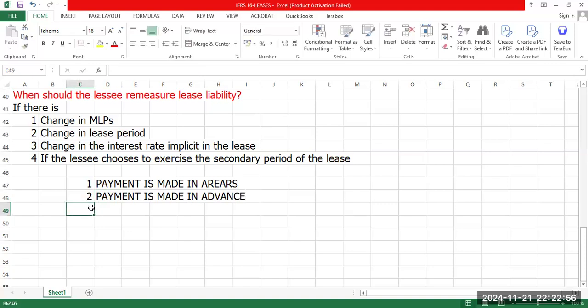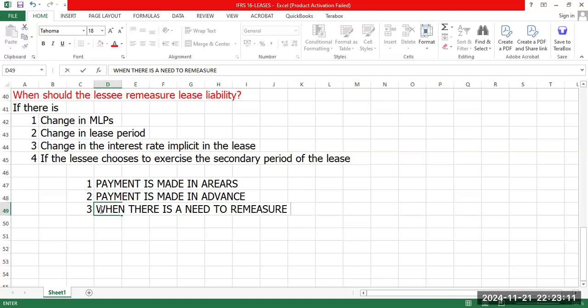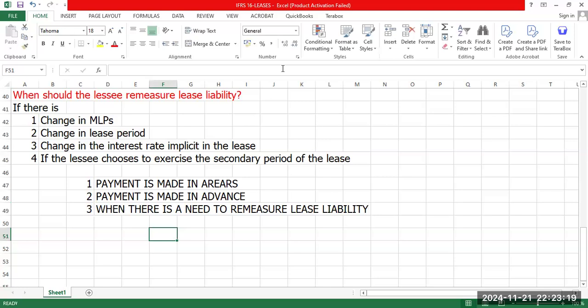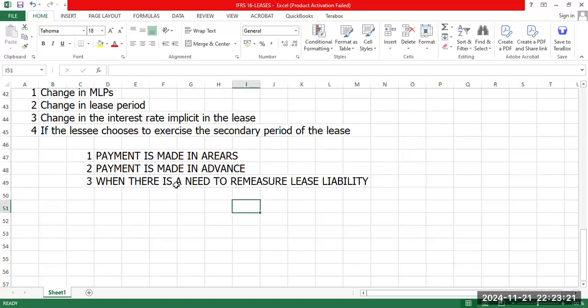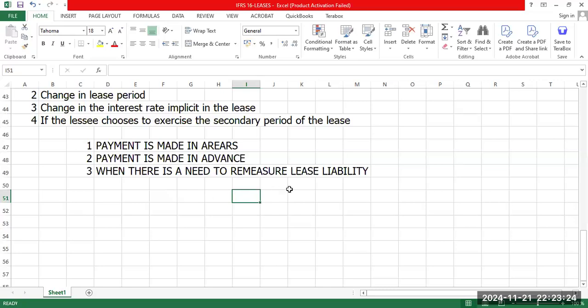Number three, when there is a need to remeasure the lease liability. That's where the calculation numbers can appear.